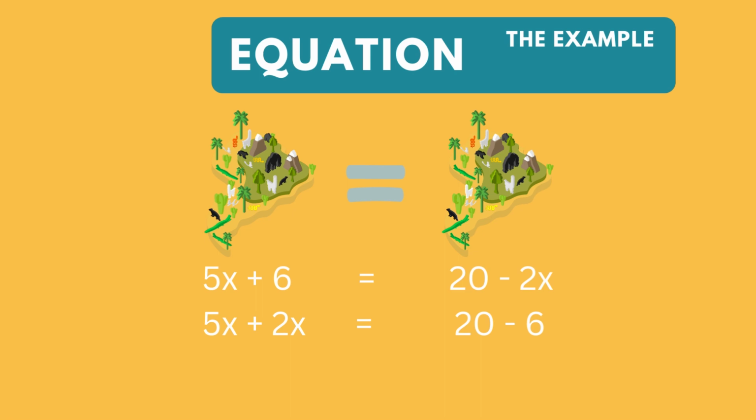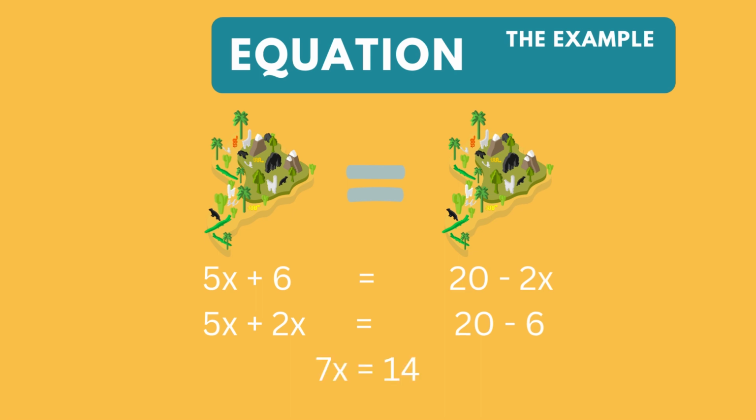This person is not supposed to be on the left island, but actually he is happy to stay there. But based on the rule, he needs to move to the other island. So he is really positive on this island, and he needs to move to another island. So it becomes negative. He is sad. He needs to leave the island that he loves so much, right? So it becomes minus 6.